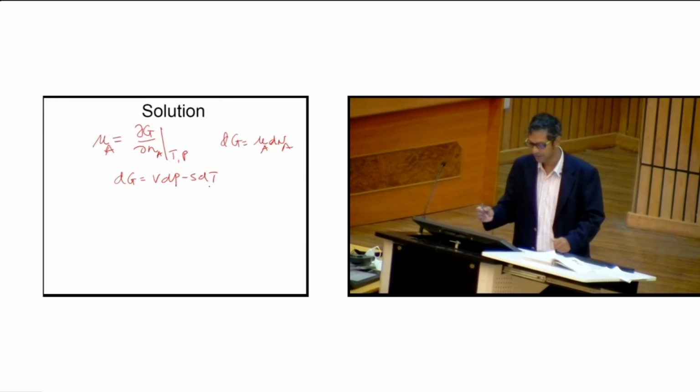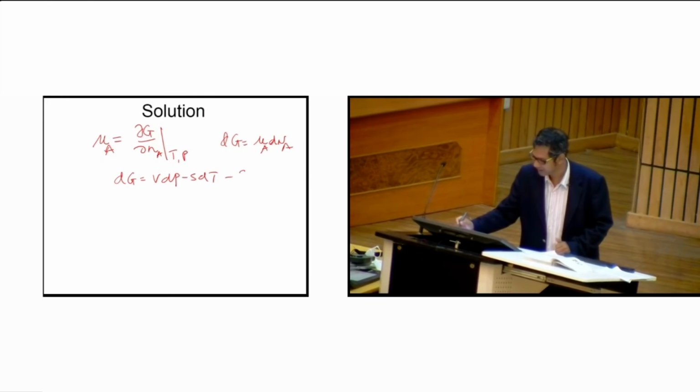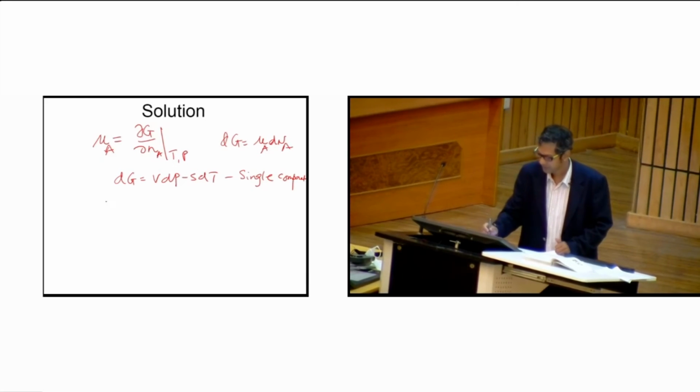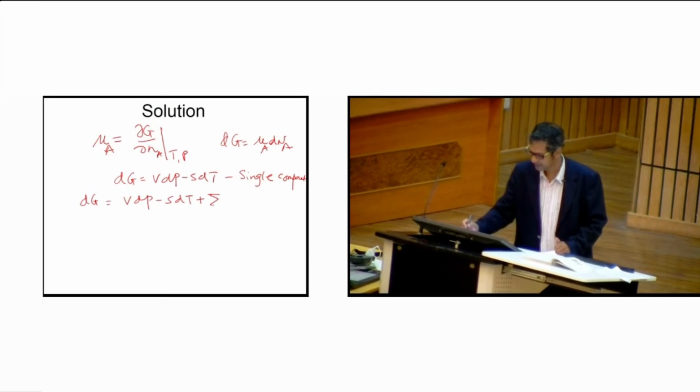This is for a single component like water. But for a solution, this has to be modified because we need a chemical potential change, and that is written like this: the sum over i of mu_i dn_i.